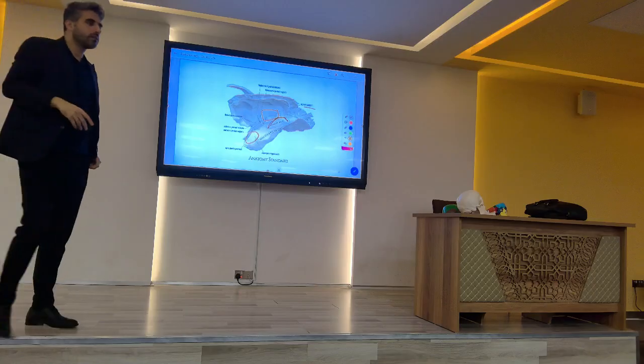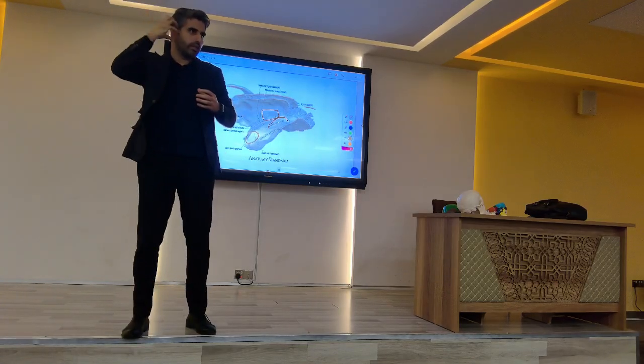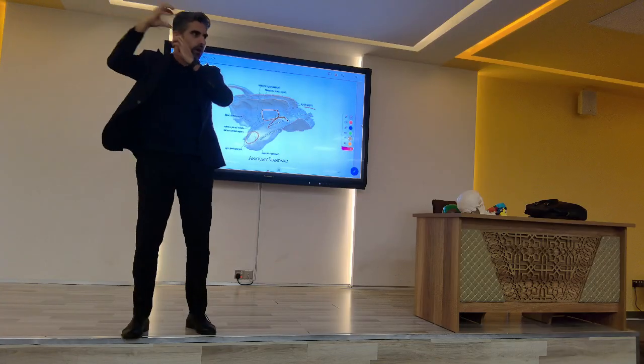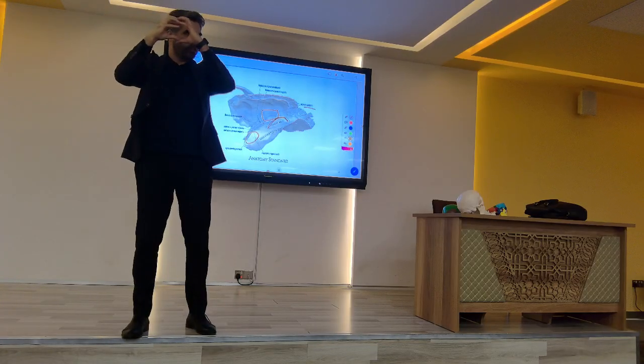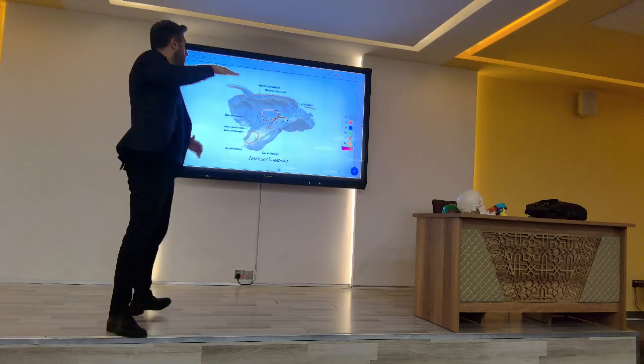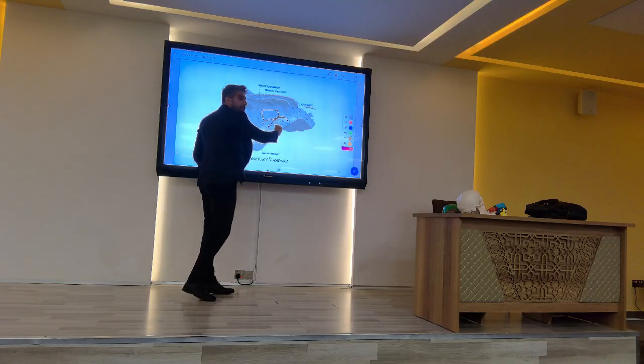Guys, look at here. We have one external ear, outer ear, one middle ear, and one inner ear. Three parts. The middle ear has a roof. This is tegmen tympani, the roof of the middle ear. This one is the inner ear, with a semicircular canal.